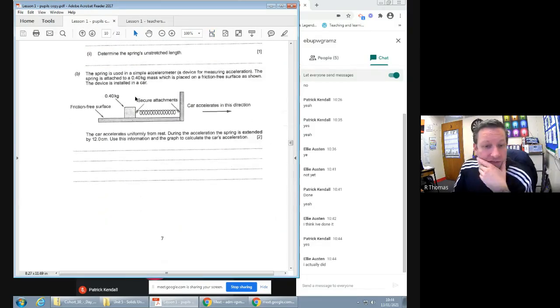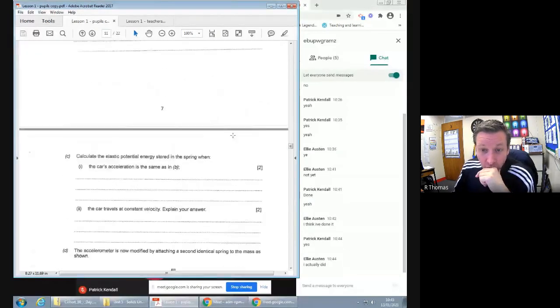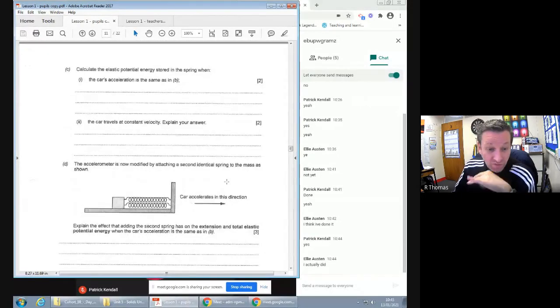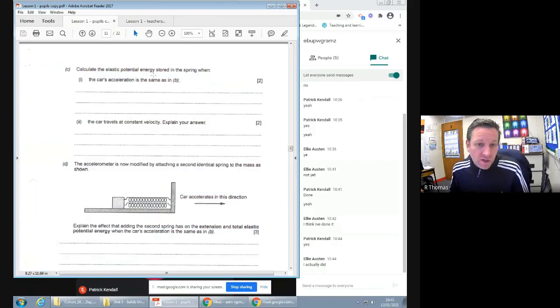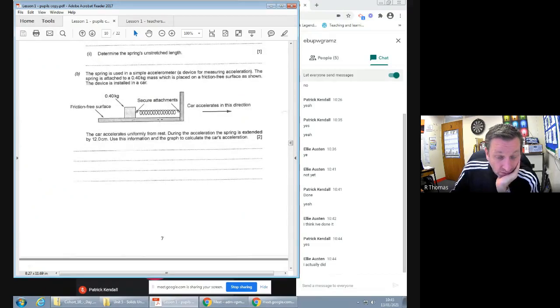Right, now let's look at the next part. Okay. All of that there was only worth 4 marks, and the next part is worth 7 marks, right? And here we're talking about the elastic potential energy stored in the spring. So first of all, they're asking when the car's acceleration is the same as in B. So we've worked out our answer for B. We know what the acceleration is.